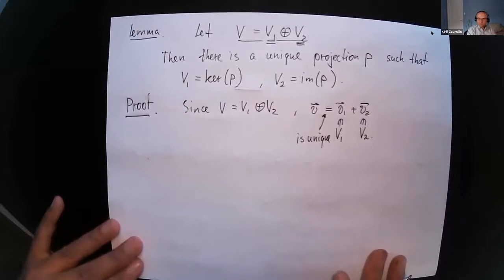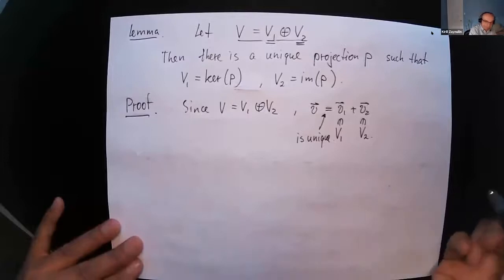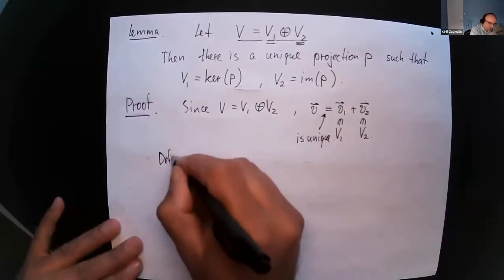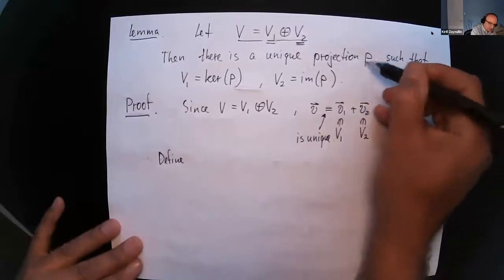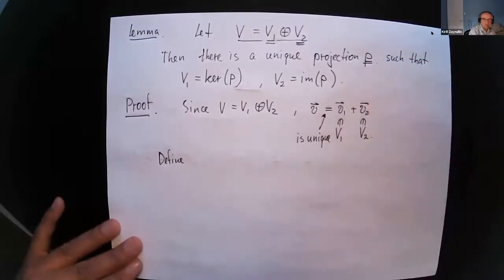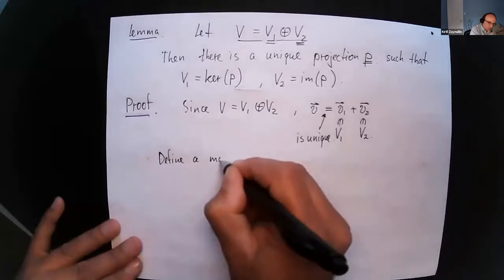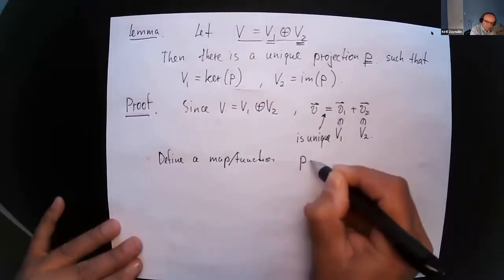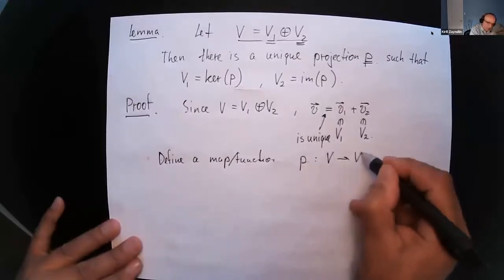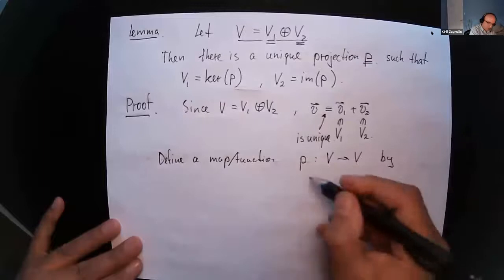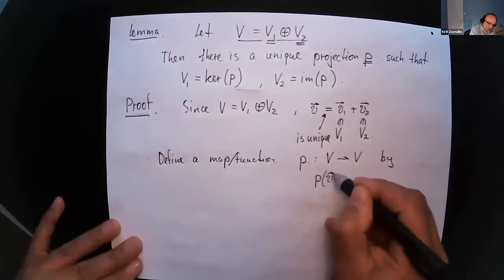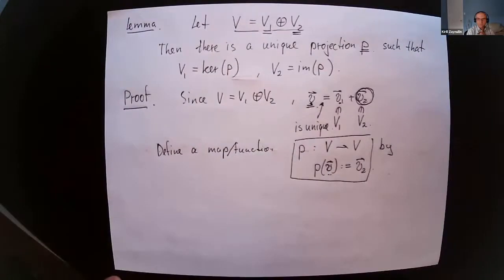Let's define, because we would like to introduce certain projections, using the following formula. P is a map, a linear transformation. Define a map P from V to V by the following rule: we take V and apply P to it.